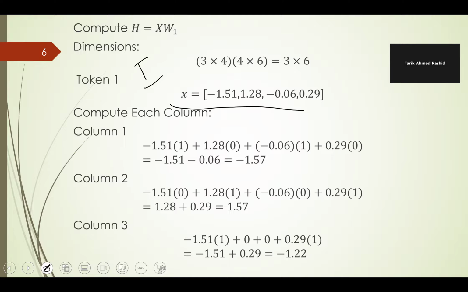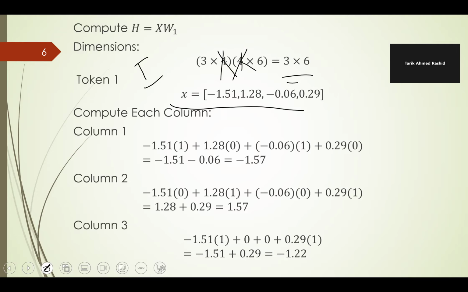So 3 rows by 4, multiplied by 4 by 6. So the 4 with 4 go, the internal dimension, and the only thing left is 3 by 6, the product of the multiplication of two matrices.